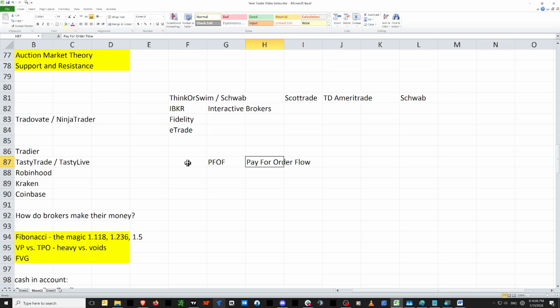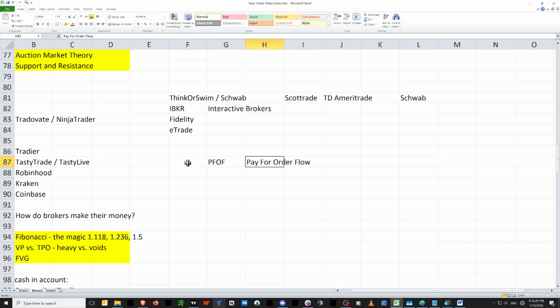Or it may go like this. You say flat 100, I won't pay a penny more. So they go look for a market maker that will give it to them for $99.97, and they will give it to you for 100. But they got it for $99.97 and they keep the 3 cents. And that's called pay for order flow.